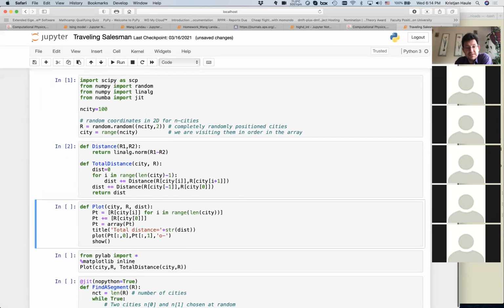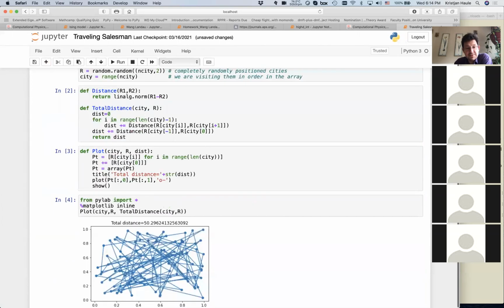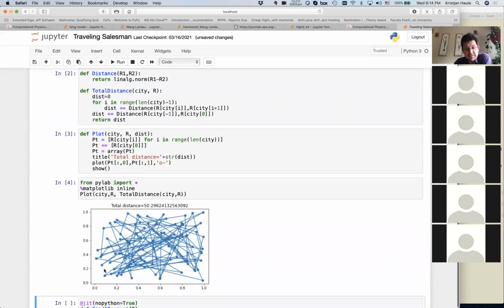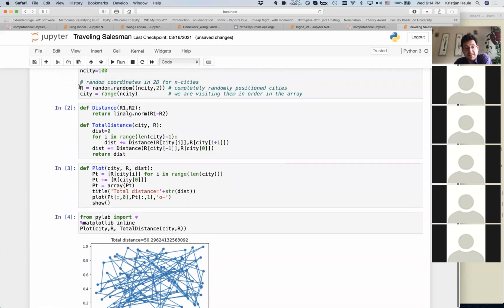So distance and total distance, and then at the beginning, I'm just going to plot the initial configuration. So this initial configuration is basically just we select cities at random. Here we select cities with a random number generator.